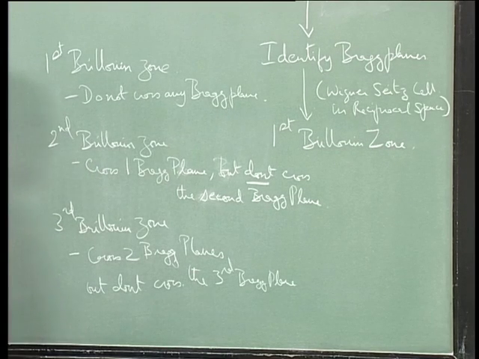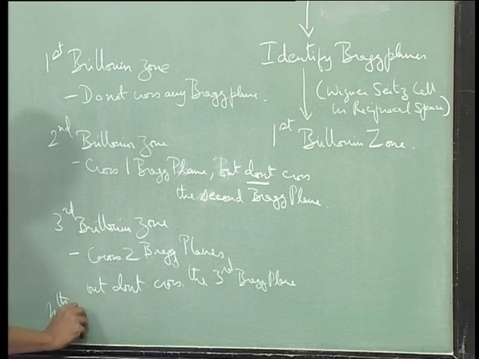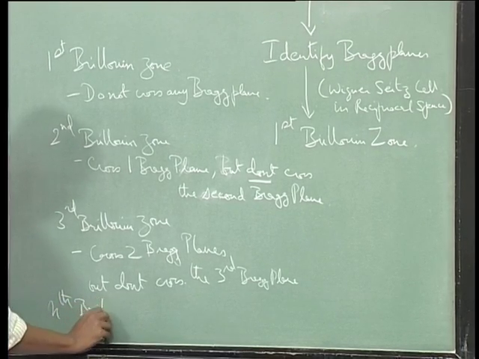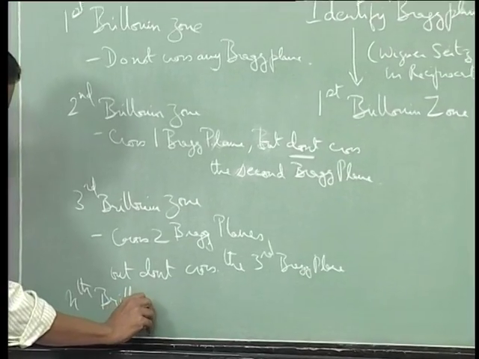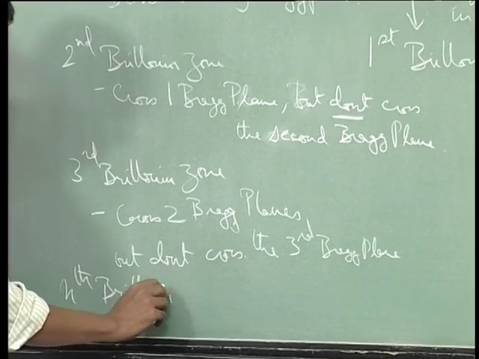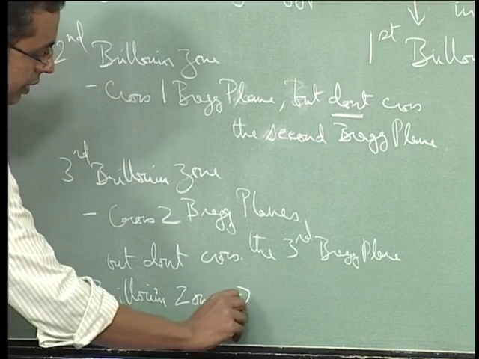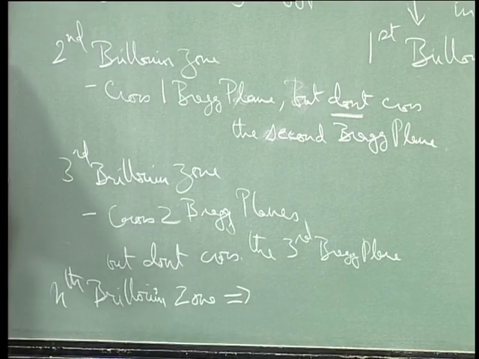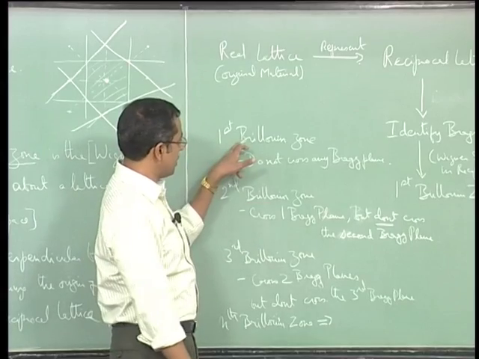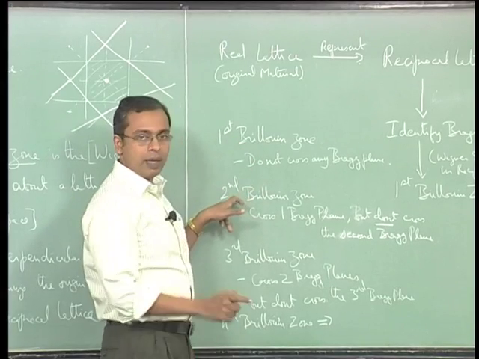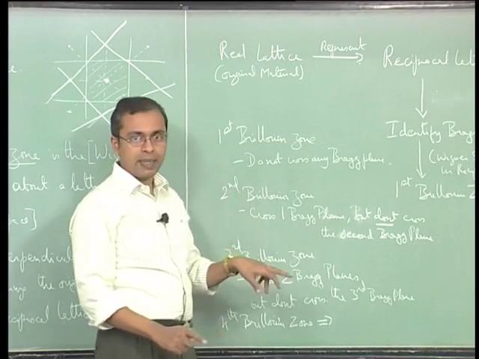So, therefore, in the most general sense, your nth Brillouin zone will imply that you have crossed n minus 1 Bragg planes, right. For the first one 0 Bragg planes, second one Bragg plane, third one 2 Bragg planes, and so on.